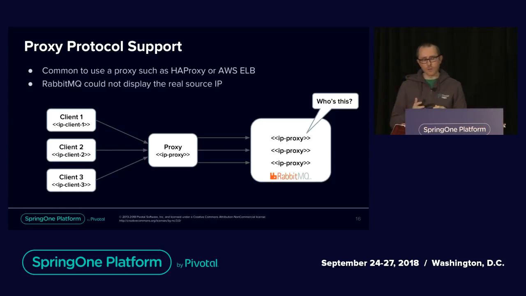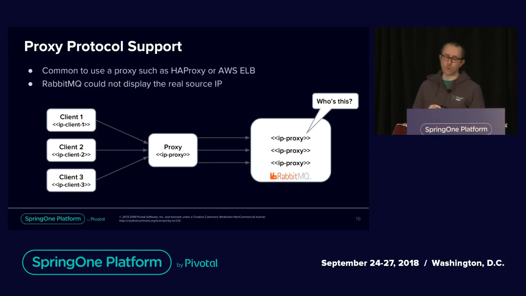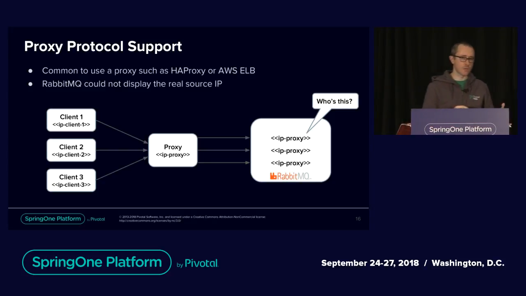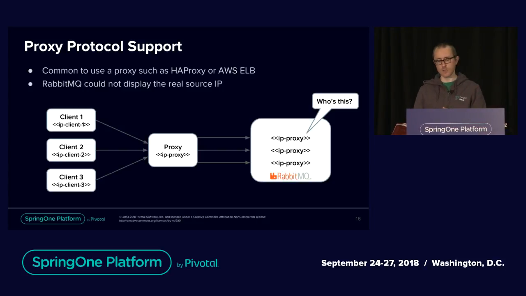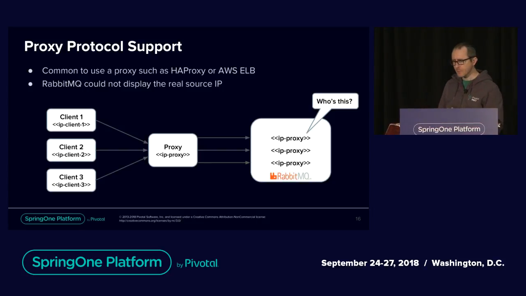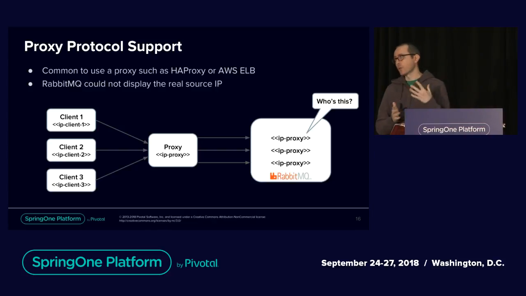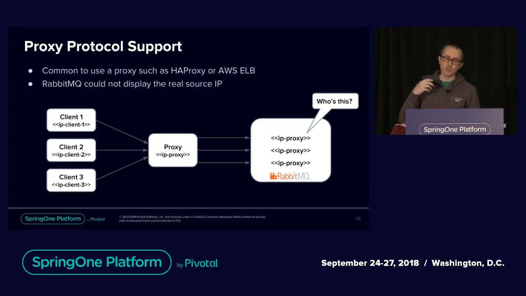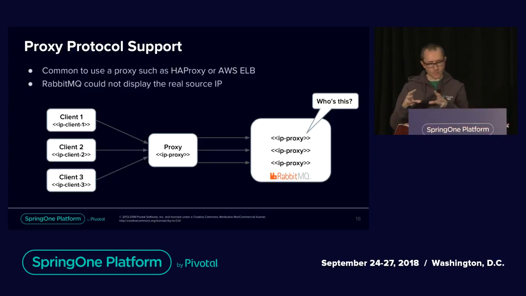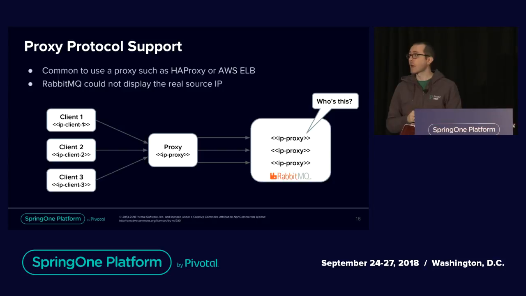It's quite common to use a proxy in front of Rabbit, a proxy like HAProxy or ELB in AWS. Something operations complain about quite often is that you actually lose, inside the broker, the original client IP.